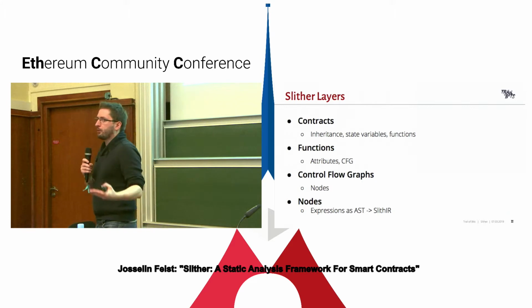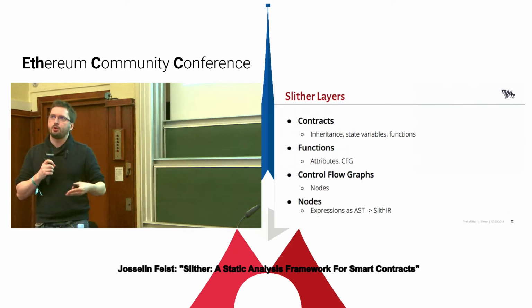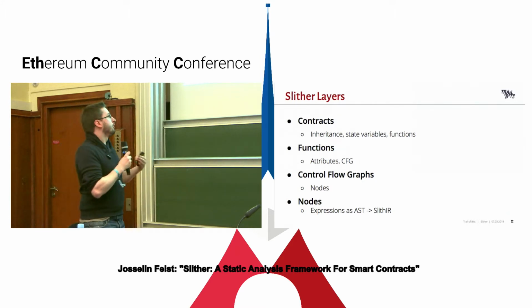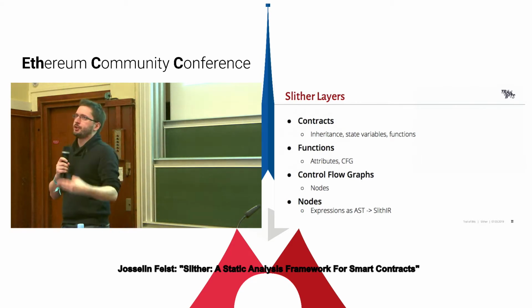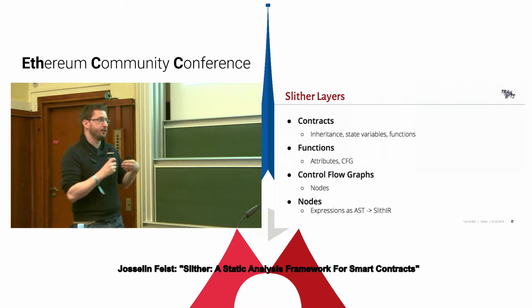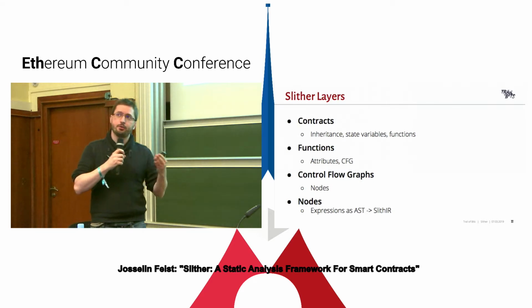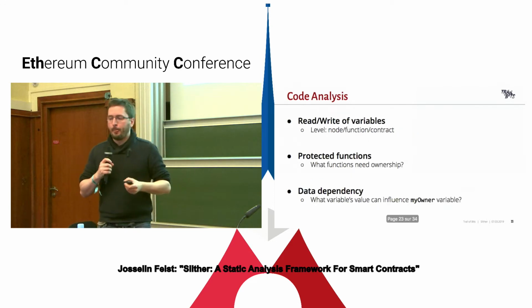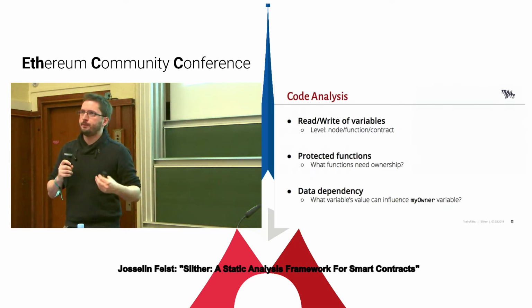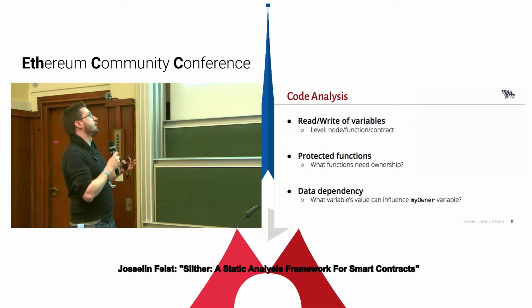What are the attributes of the function, what are the parameters, what is the control flow graph of the function, and so on. Then it will analyze the nodes of the control flow graph, and for each node, it will analyze the Solidity expression. Once we have these Solidity expressions, we transform the Solidity code to our intermediate representation. Once we have all this information, Slither performs a set of inbuilt analyses.